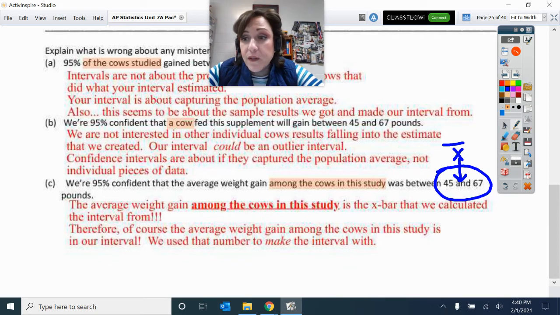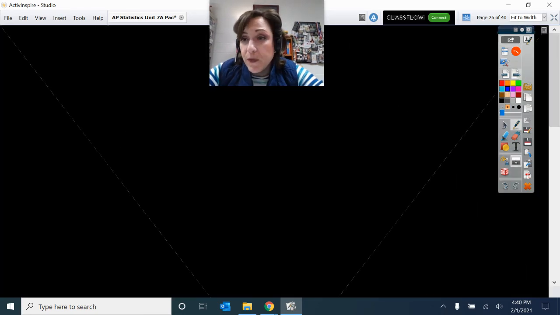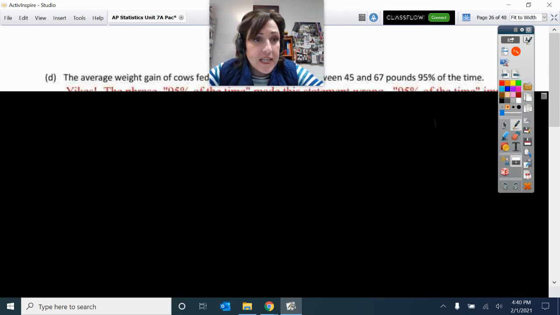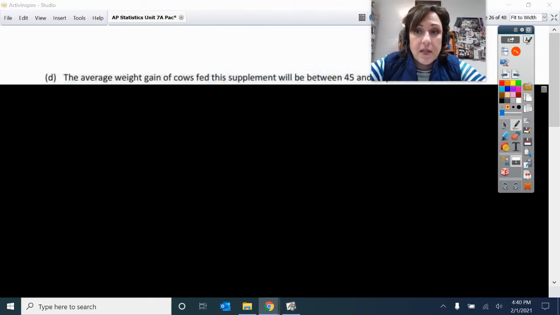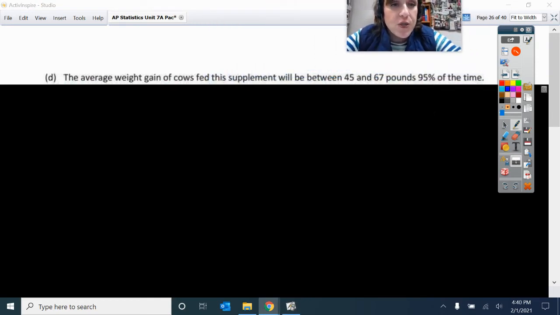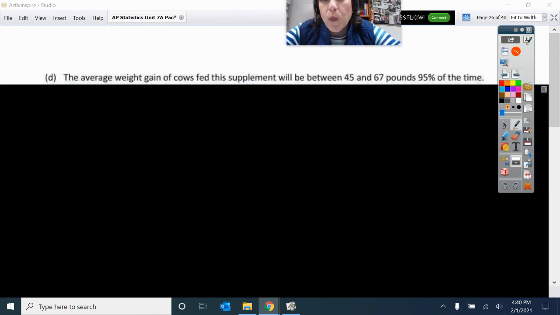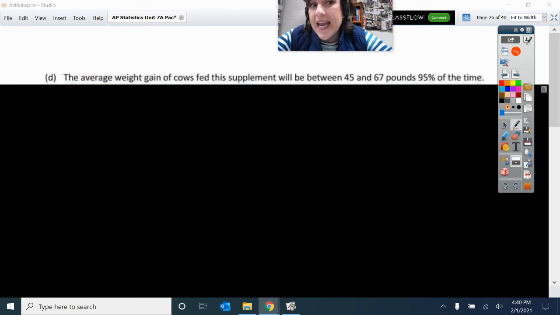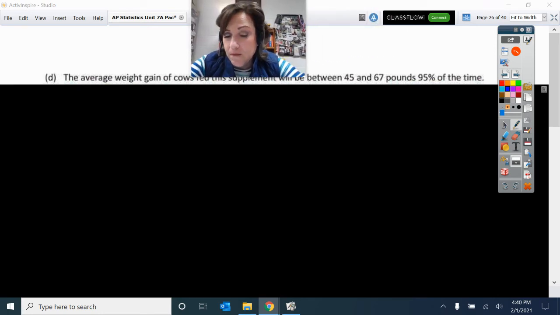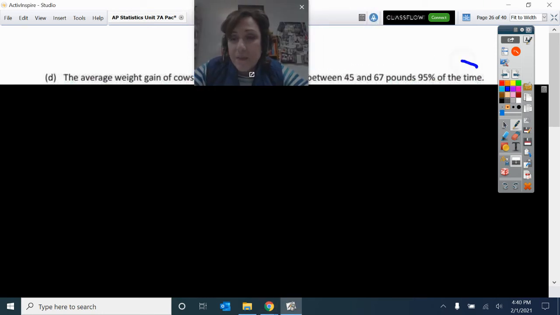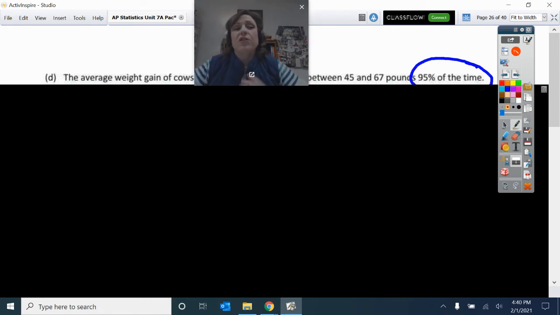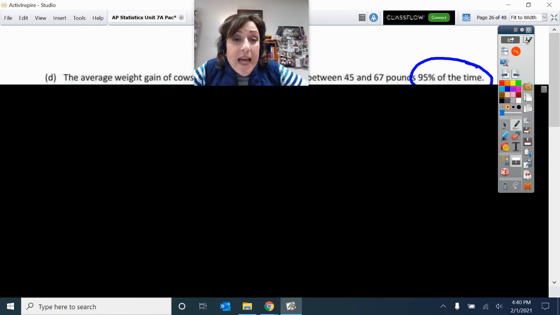All right, let's keep going. Here's the next one. The average weight gain of cows fed this supplement will be between 45 and 67 pounds 95% of the time. 95% of the time, that's saying the true average is sometimes going to be in my interval and sometimes not in my interval.